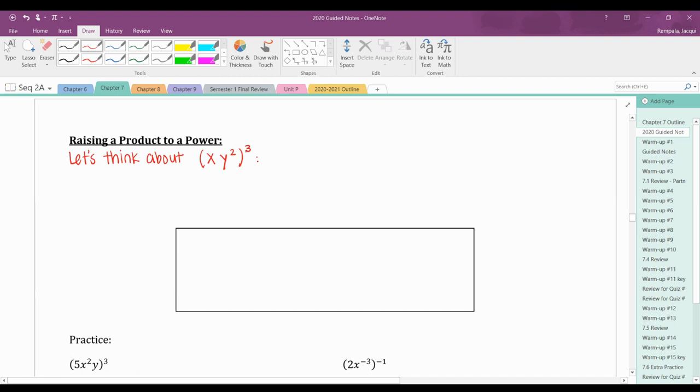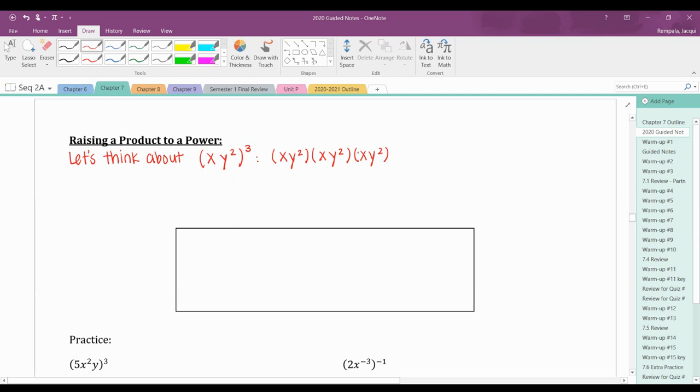So let's start with that outside exponent of 3. Remember, that means that I need to repeat what I have in parentheses 3 times. All right. Notice that once I've repeated it 3 times, now I have a bunch of x's and a bunch of y's.